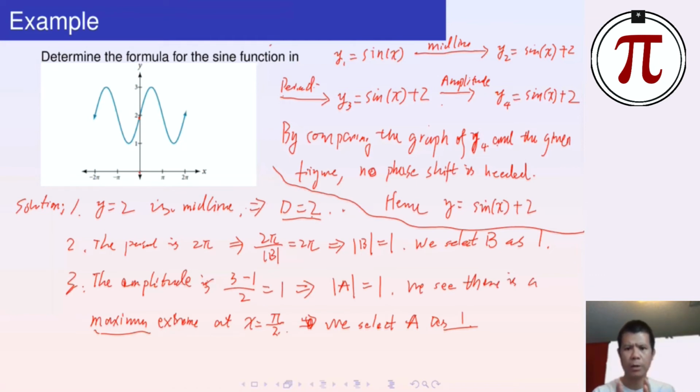By comparing the graph we get after the midline, period, and amplitude with the original given graph, we can determine the amount of phase shift and the direction. And then we can determine the value using the rewritten form. Be careful using the rewritten form.